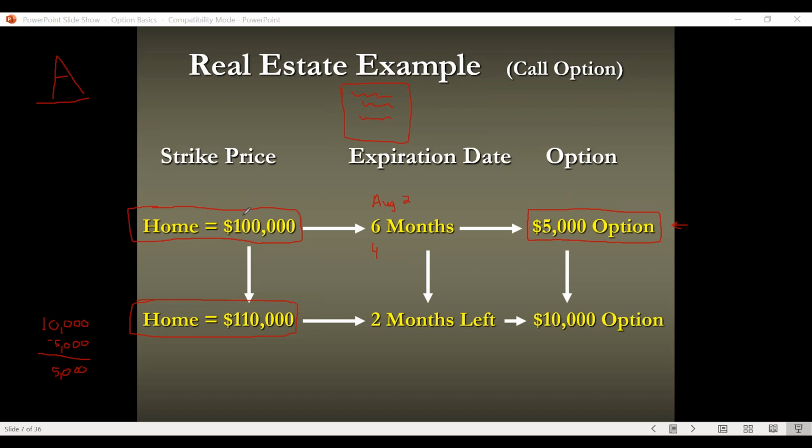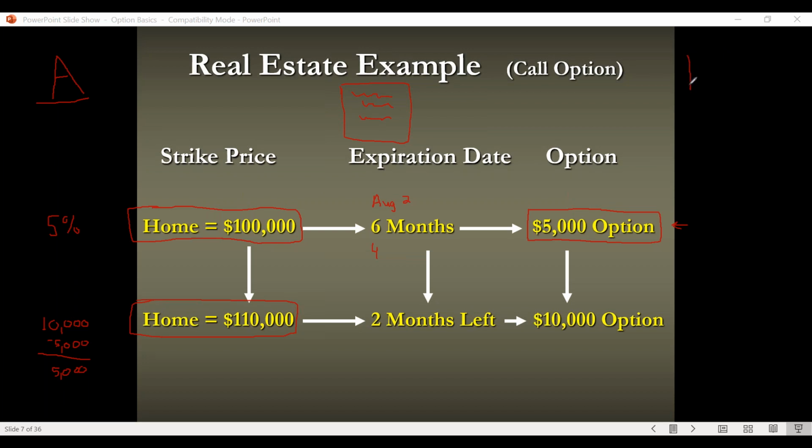Or, because I got to come up with the capital to buy the house for $100,000, I'm making a $5,000 profit. So that ends up being a 5% return. Now, that's not bad for 4 months. It's not a bad return for 4 months. But that's one choice I could make.